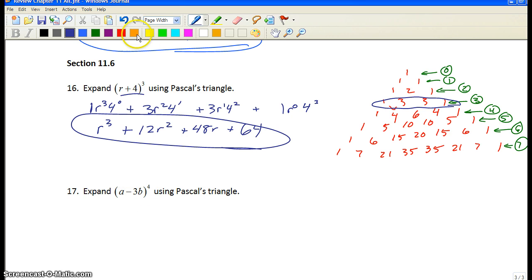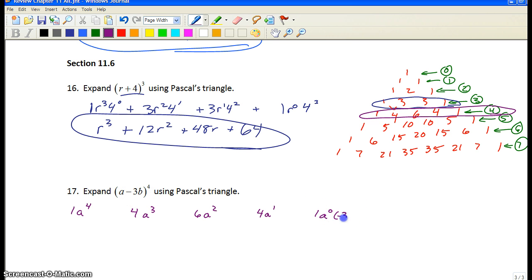So right now we're going to look at to the fourth power. So we're going to use this row of Pascal's triangle. It's going to be 1, 4, 6, 4, 1. And we're going to start with the a. So this is a to the fourth, a to the third, a to the second, a to the first, a to the 0. We don't have to write that. Then we're going to start down here with the second term.